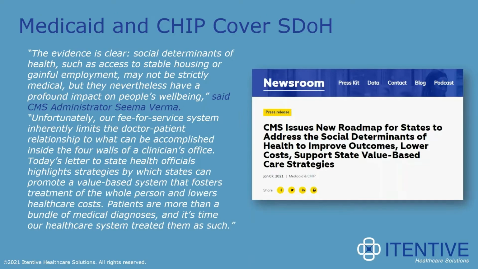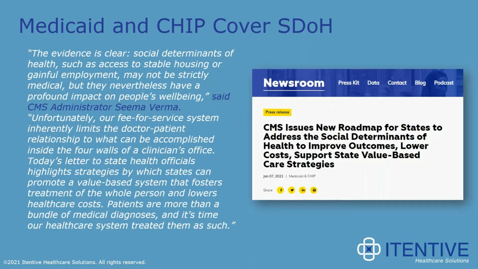But what else besides legislation has actually been finalized that would matter when it comes to social determinants of health? One thing comes to mind immediately: money, funding or reimbursement for collecting this data and/or providing services related to it. So let's start with the nation's largest payer, who usually sets the tone for all payers. In January of this year, CMS came out with a new plan for social determinants of health under Medicaid and the CHIP program.